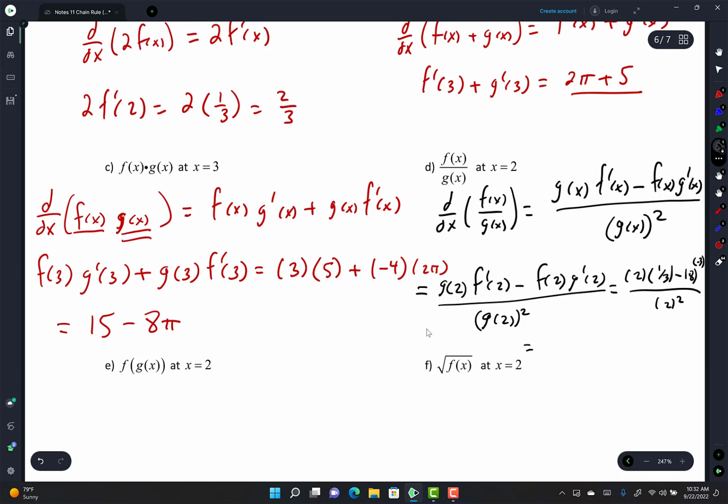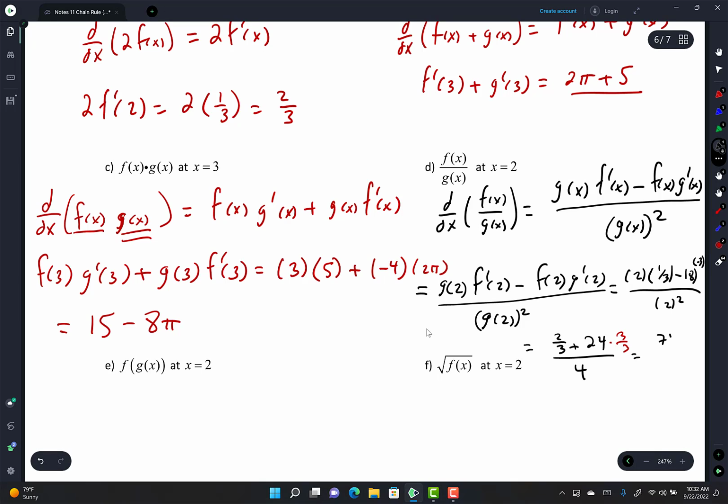We get 2/3 plus 8, 16, 24 over 4. Don't leave it like that. I mean, on the AP exam you can. But right now, let's see. Times 3 over 3. So that is 72 plus 2.